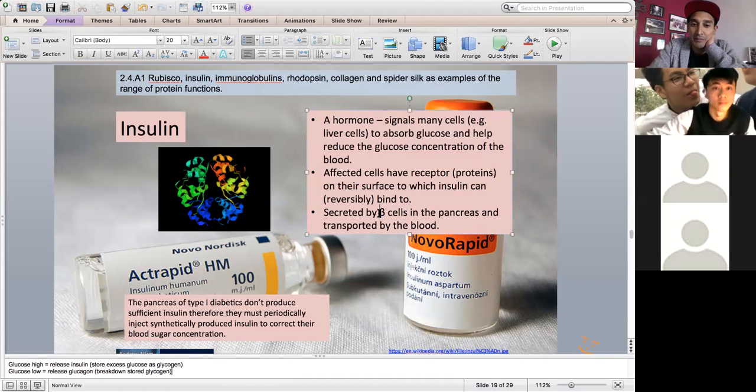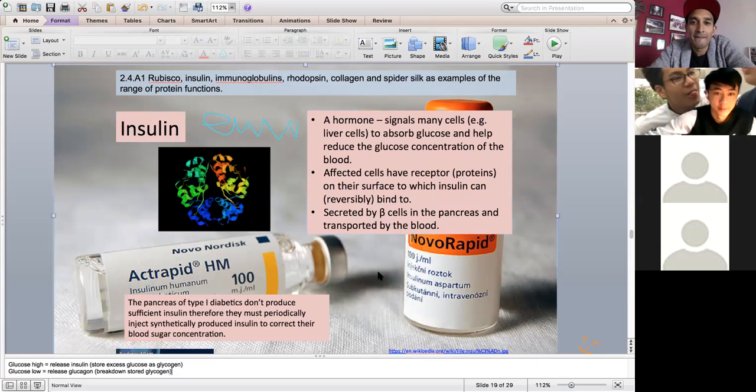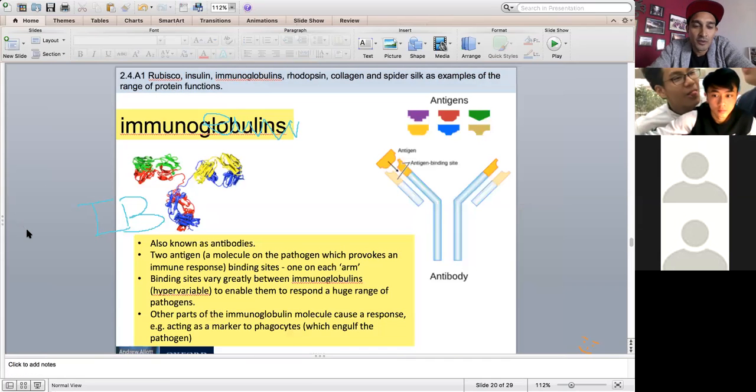Because there are alpha and beta cells in the pancreas, and insulin and beta is IB. Glucagon is produced by the alpha cells because glucagon has an A in it. That's how you remember. That's all you need to know, okay? Know the basic function of insulin, which we have learned before, and we saw in another lesson as well. All right, let's keep going. What is this?